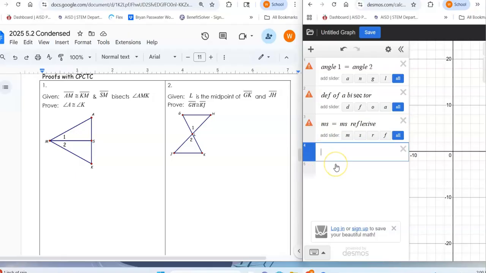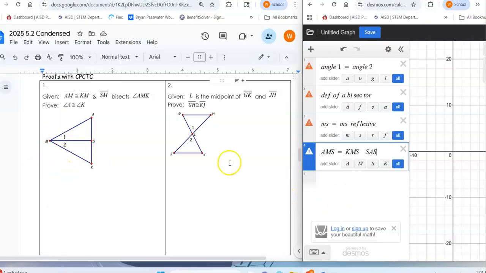So that means triangle AMS, and I'd draw a triangle symbol, but again I can't really do that in Desmos, is congruent to triangle KMS. And the reason for that would be side, angle, side, because the sides are congruent, the angles are congruent, and the side is congruent.